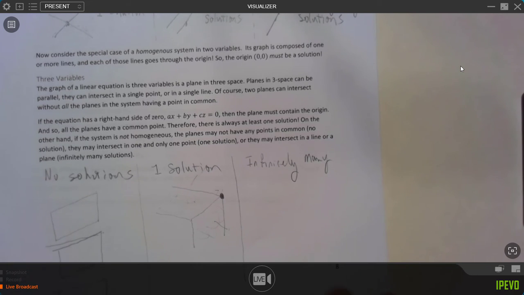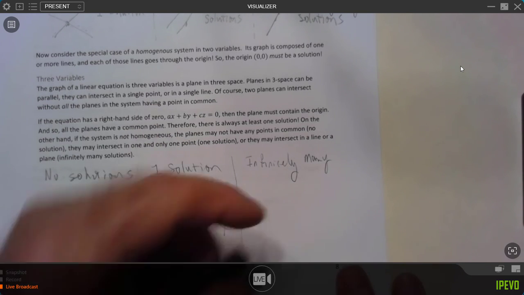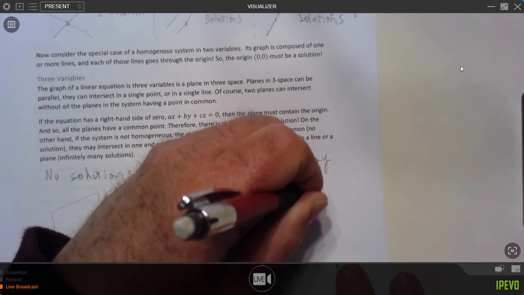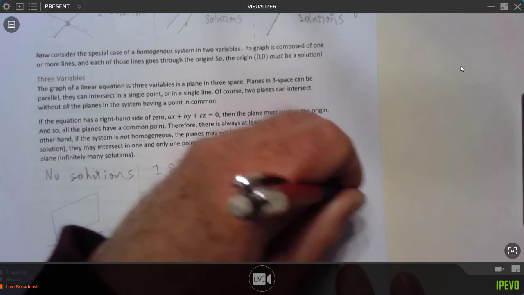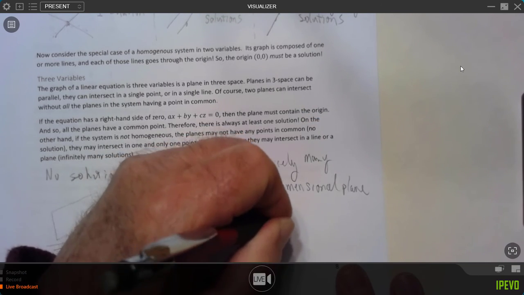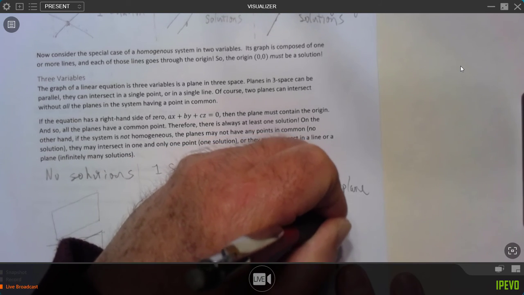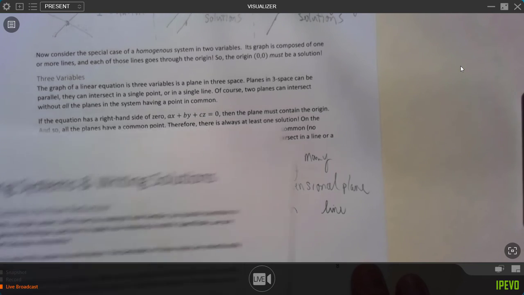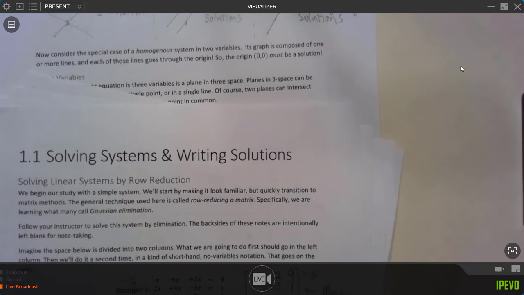So for infinitely many, there's some variety here. It could be two-dimensional, a plane, or it could be one-dimensional, a line. And that's something that you can see by calculation as well.